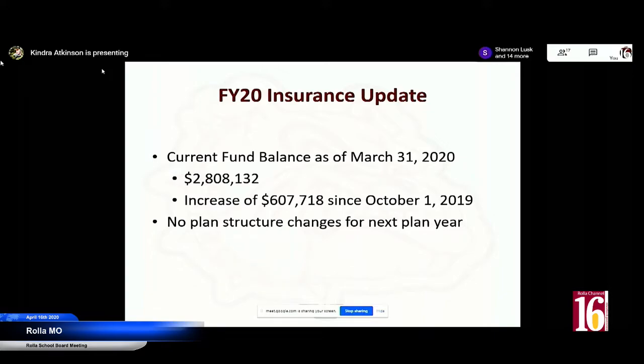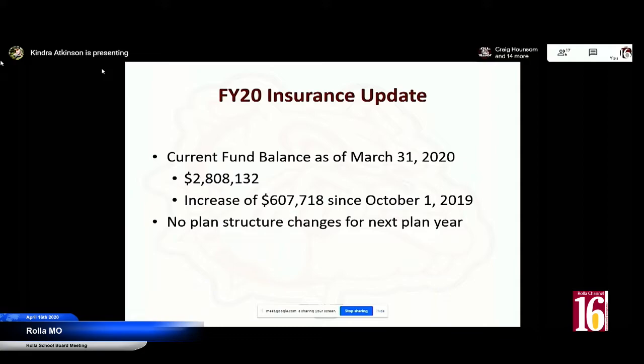So that's really good. There's a lot of unknowns with the COVID-19 pandemic and what that might do to the cost of insurance claims in general. Right now, we can probably anticipate having our fund continue to increase for just a little while, given that there are no elective surgeries happening, probably a decrease in non-emergency emergency room visits, that type of thing.